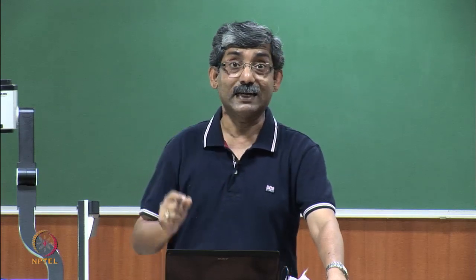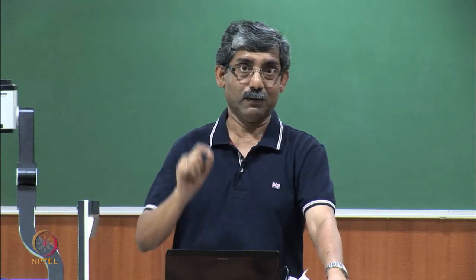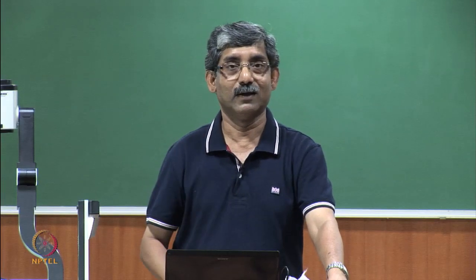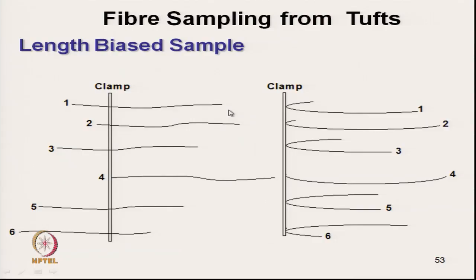Now, the second assumption is that they will be picked from different points at random. This fiber here, fiber 1, if we see carefully, is selected at a point where one side is a little longer, another side is shorter. Fiber 2, one side is very long, another side is very short, it is almost at the edge.